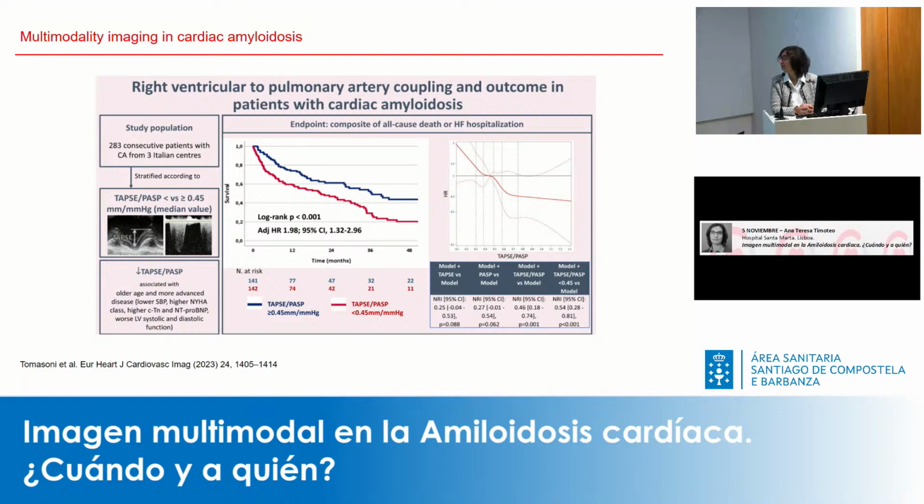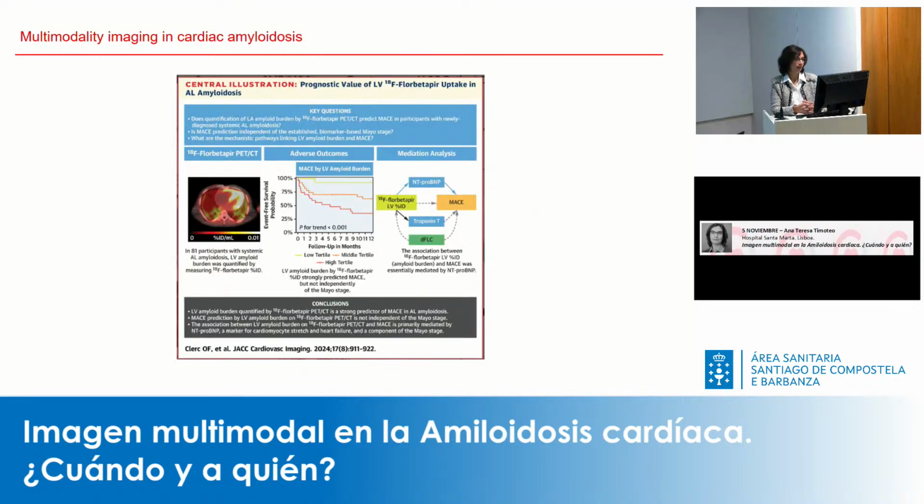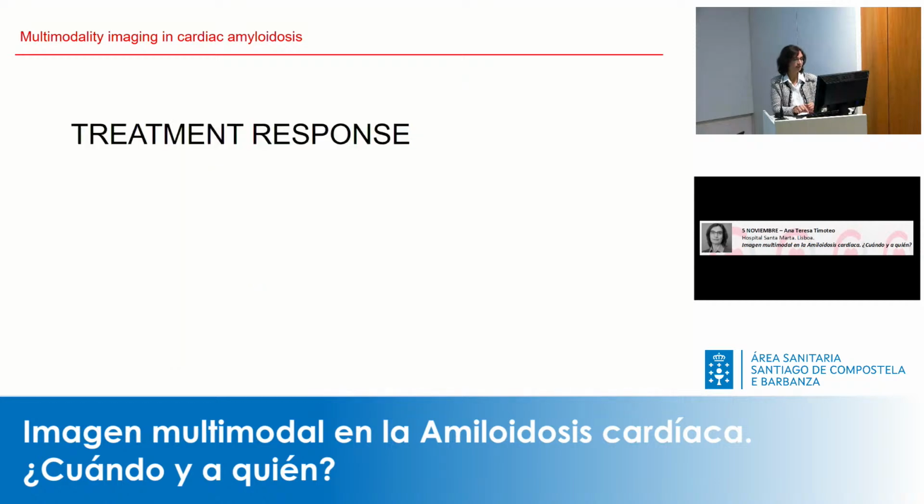It can differentiate patients with a worse prognosis compared to patients with a better coupling. And also another radiotracer, a fluorine beta-amyloid tracer, has an affinity for amyloidosis. The amount of this tracer can also be helpful for prognostic effects.